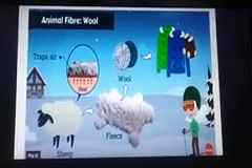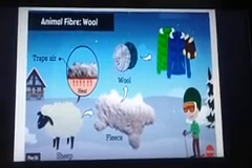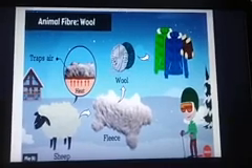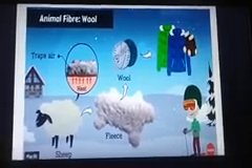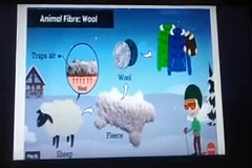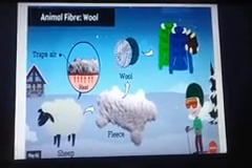Now how does that hair provide warmness? Hair traps the air, and air is an insulator, or we can say a poor conductor of heat. So whatever heat of our body is there, it is not allowed to move out, and so the animal remains warm.